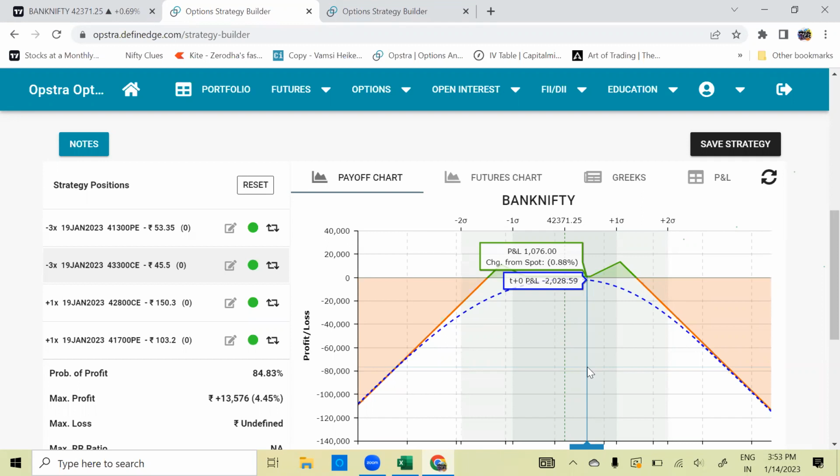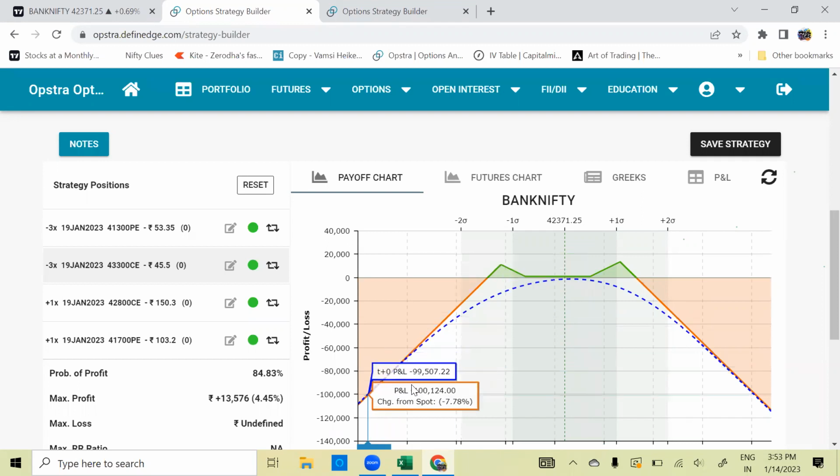So here, whenever you buy a higher strike option, now I am selling 41,300. So if I am buying 41,700, that is a higher strike. I am buying the higher strike, and selling the lower strike. In the same way, 42,800 I am buying, the higher strike, and the lower strike 43,300 I am selling. Lower strike here is nothing but OTM, and the higher strike is ATM or even ITM.